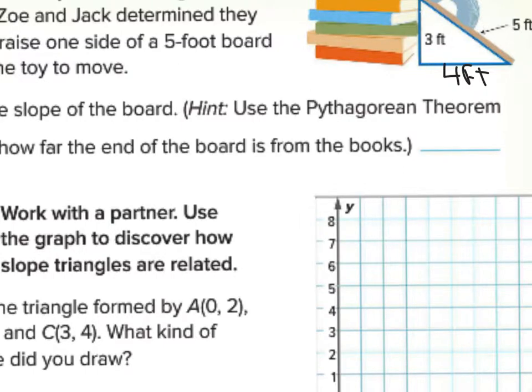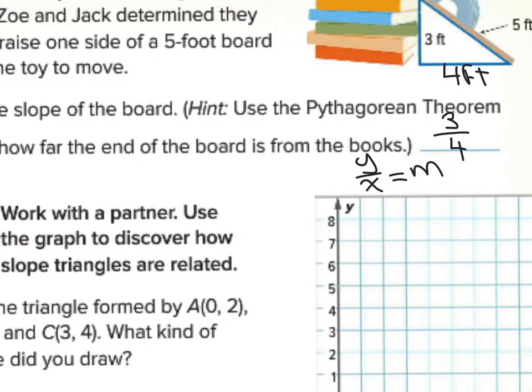Remember, rise over run equals our slope, m. So our slope is our rise, 3, over our run, 4. And there is our slope right there.